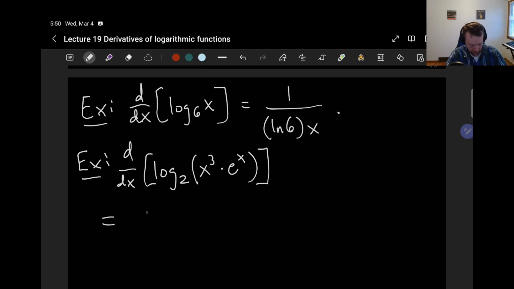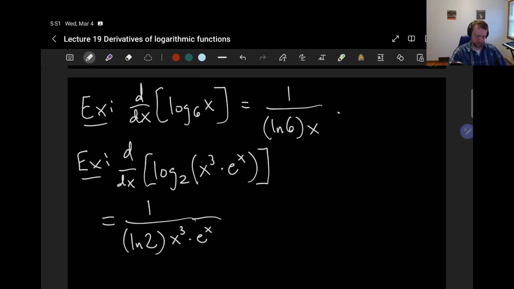That's chain rule. Log base 2 is the outside function. So it's 1 over, don't forget your ln of 2, because we're base 2, times the input is in the denominator as well. And then you multiply by the derivative of that input.